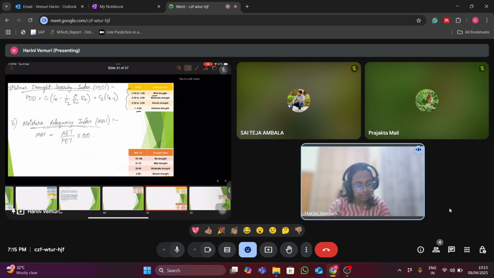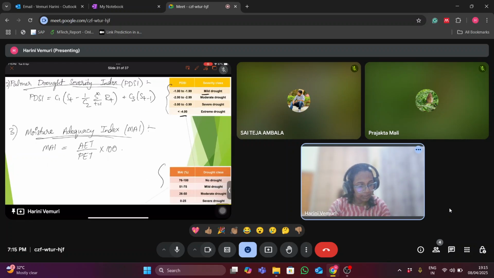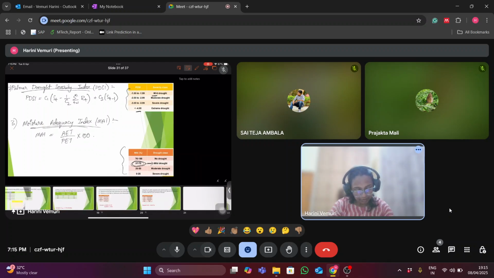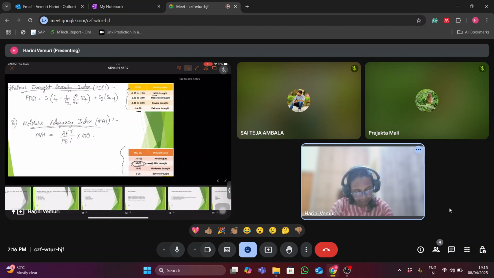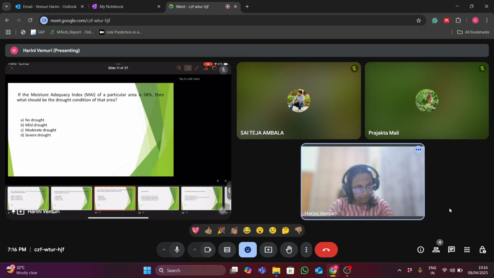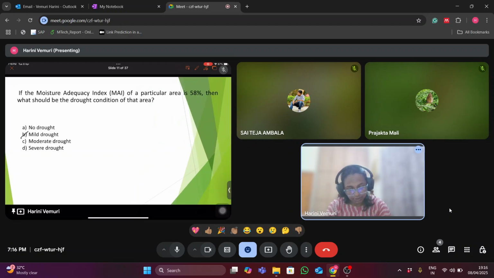So here, if you see, this is the table. If the MAI value is 58%, that means it is lying in this zone. So the drought class is mild drought, right? So option B.